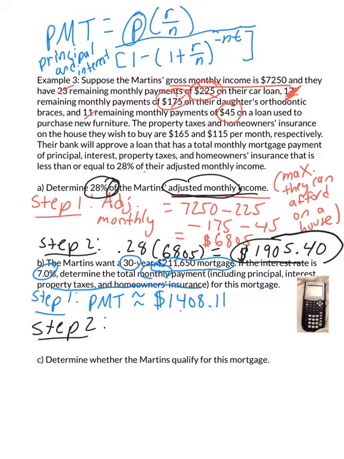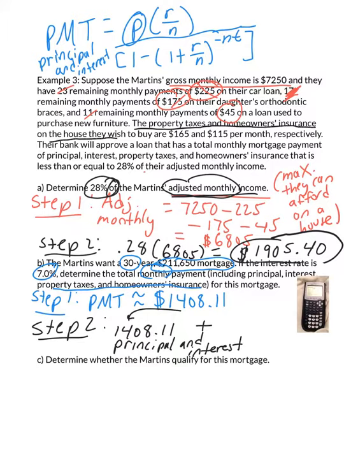So we said the monthly payment, $1,408.11, and this is for principal and interest. Plus, if we look back around the middle-ish of the original problem, it says the property taxes and homeowners insurance on the house they wish to buy, so they're not paying this money currently, this is their dream home that they want to buy, are $165 and $115 per month respectively.